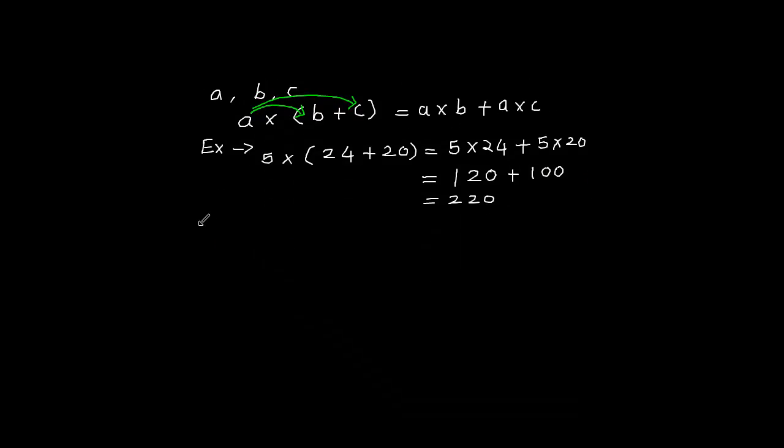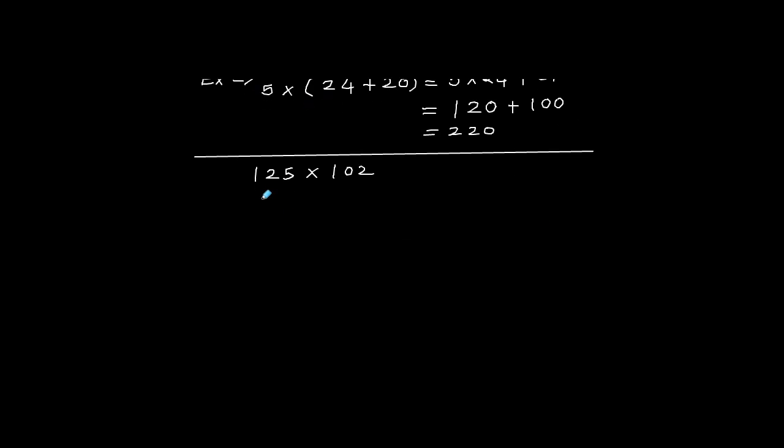Now if I had given you 125 times 102, okay? Here I can write 102 as 100 plus 2. Okay? Now I'll use a distributive law.